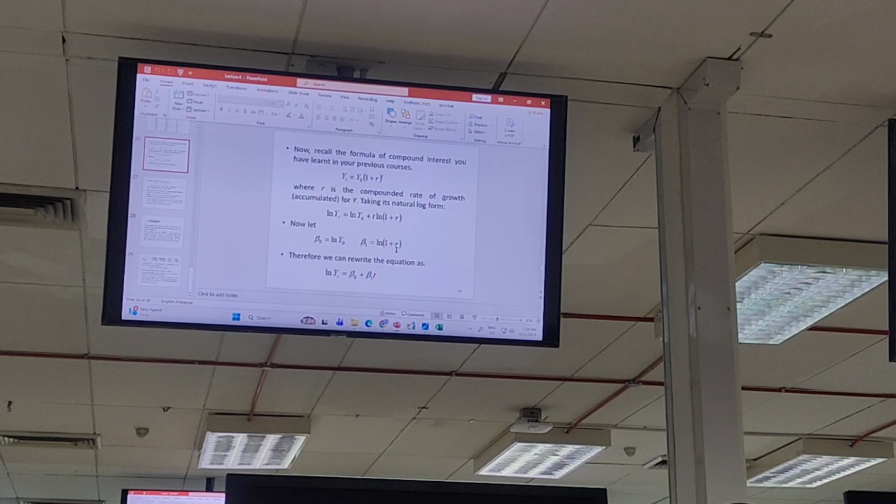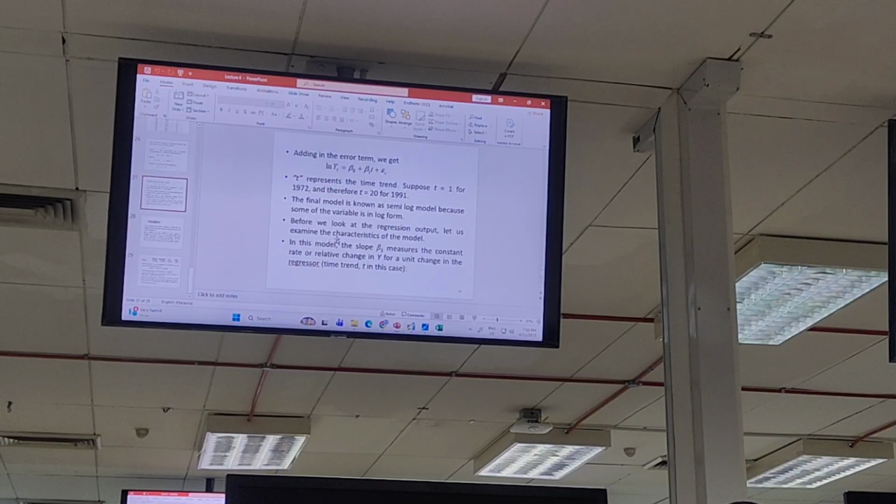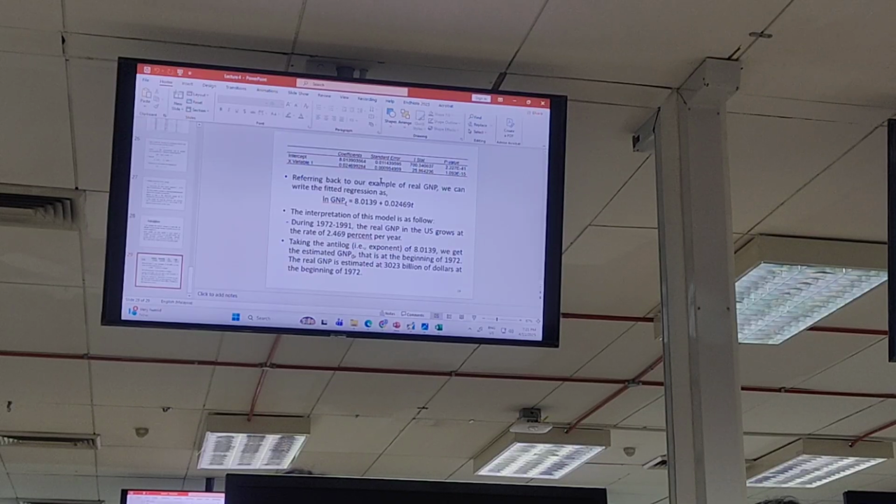From the estimate of our model, we get exp(0.02469) - 1, which is equal to 0.02499, approximately 0.025.